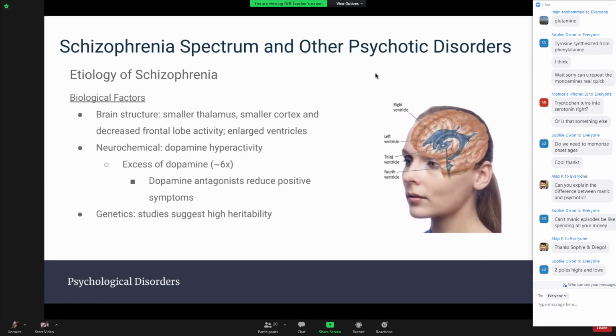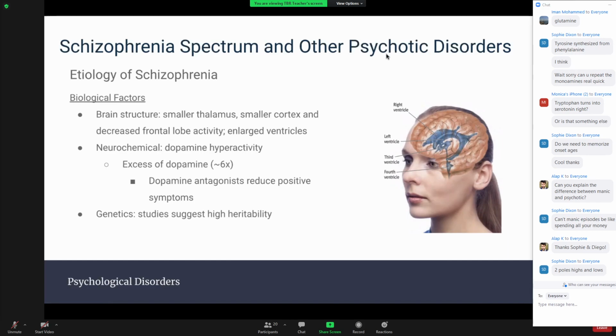And then enlarged ventricles. You may or may not have heard of them, but ventricles are the spaces in the brain where there's only cerebrospinal fluid. In patients with schizophrenia, CT and MRI scans show that these ventricles are enlarged more than they should be.